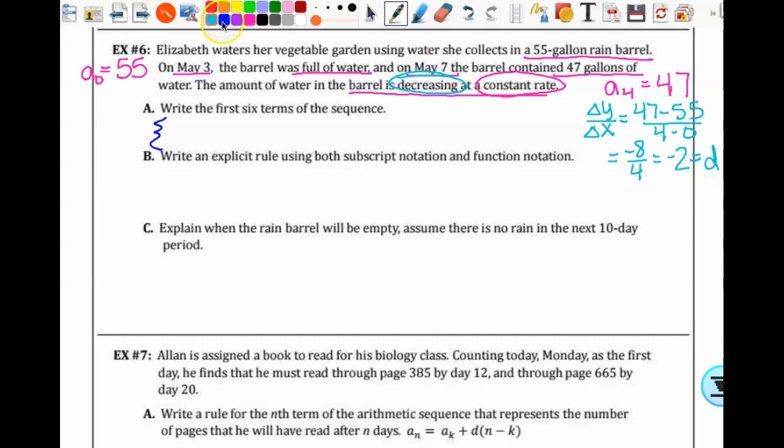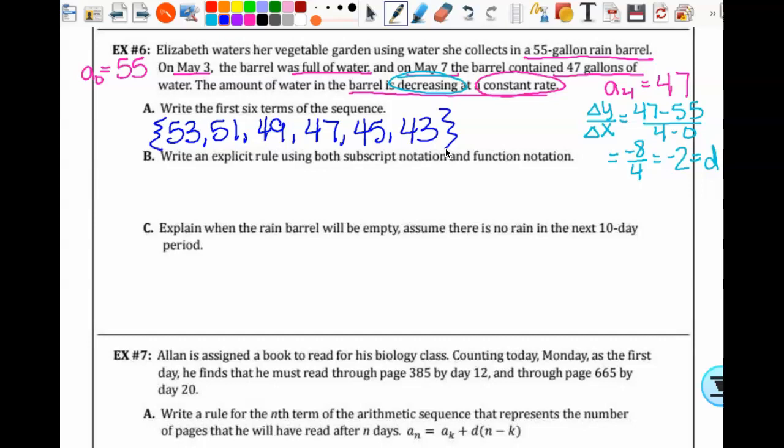So then what is the first term? 53. And then we can go from there: 51, 49, 47, 45, 43. How many is that? 1, 2, 3, 4, 5, 6. That's 6. Any questions? We understand where all that's coming from? I'll take that as a yes.